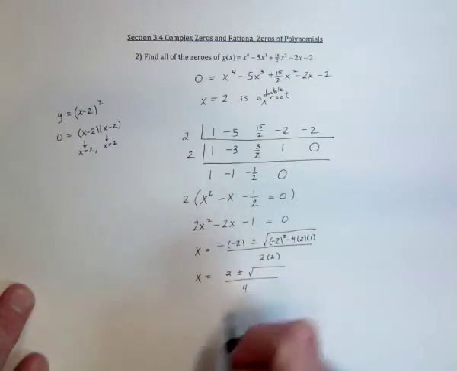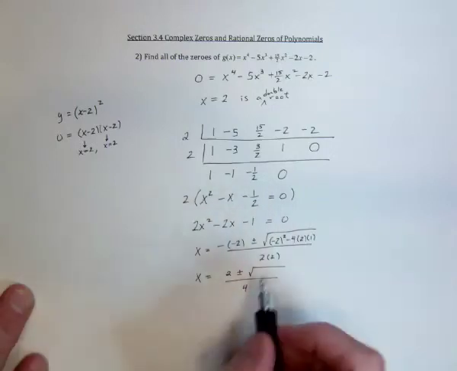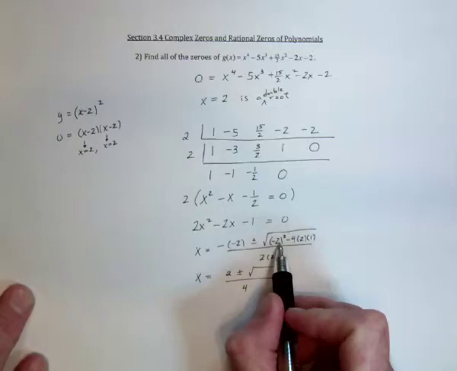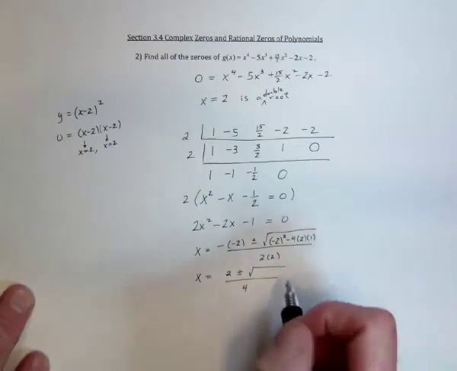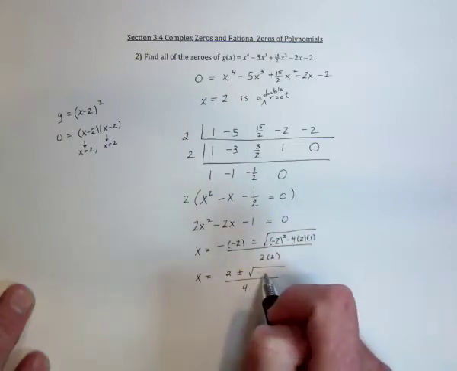The whole thing is divided by 4. Well, this is going to be a 4. Subtract 8 is going to be a negative 4.